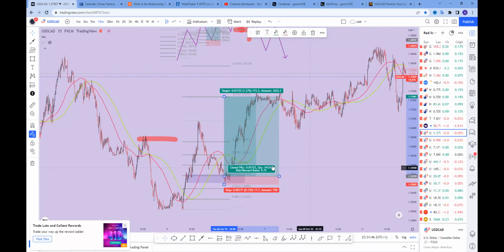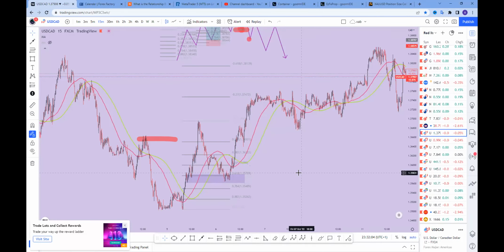And this same trade will give me 1:9. Can you see the difference from 1:2.5 to 1:9? You see that there's a big difference. Beautiful.